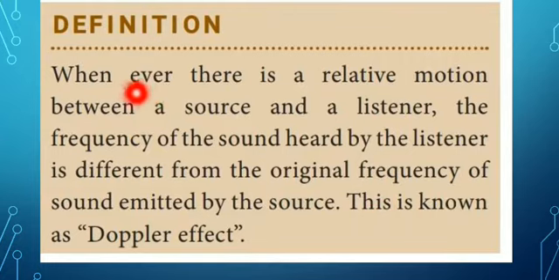Again, whenever there is a relative motion between a source and the listener, the frequency of sound heard by the listener is different from the original frequency of sound emitted by the source, and this is known as the Doppler effect. Important definition, 2 mark question.